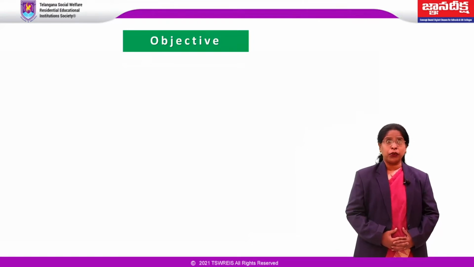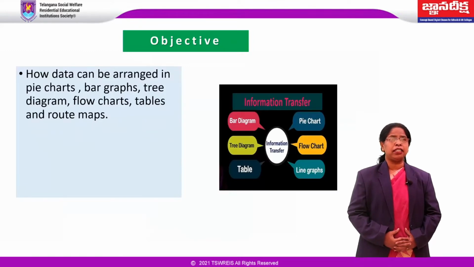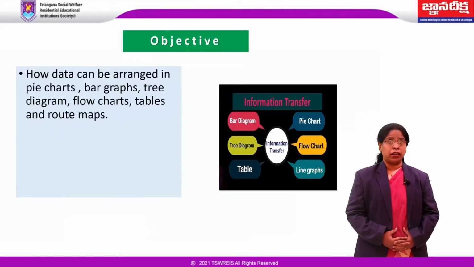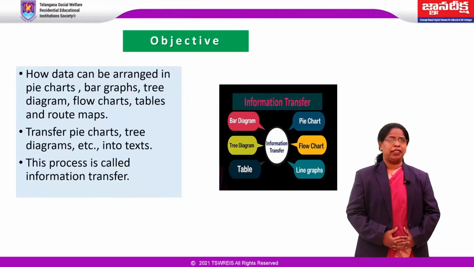In this unit, we will learn how data can be arranged in pie charts, bar graphs, tree diagrams, flow charts, tables, and route maps. We will also learn how to transfer pie charts, tree diagrams, etc. into text. This process itself is called information transfer.